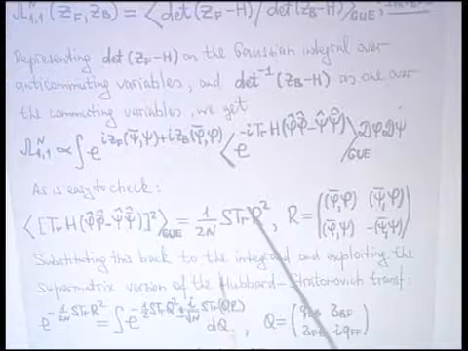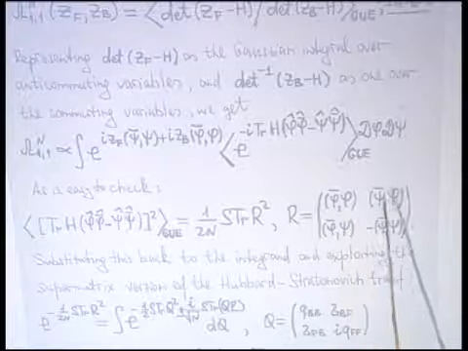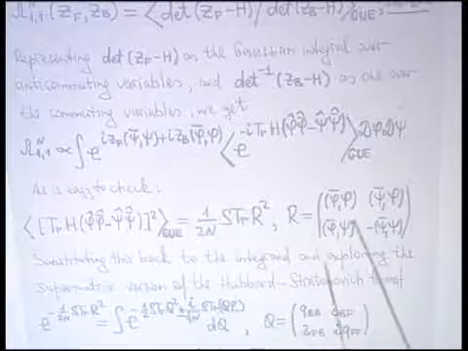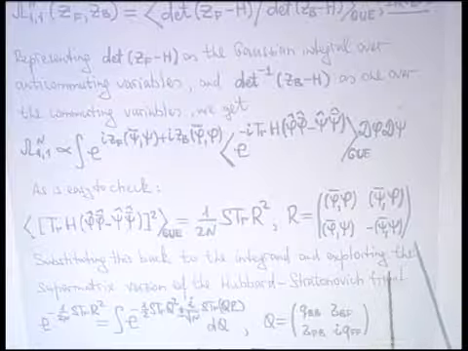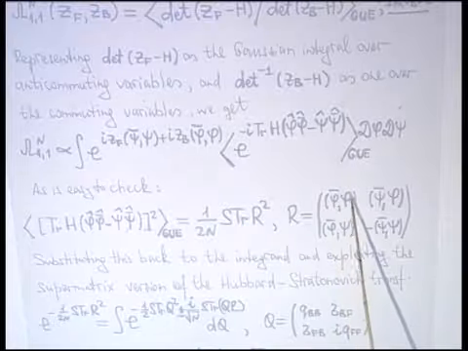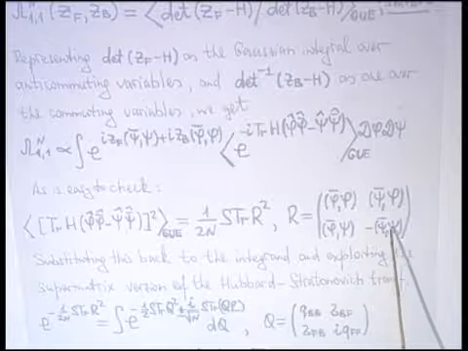It's easy to see, and just to check, that if one introduces the Euler matrix R, which is a 2 by 2 supermatrix consisting of 4 entries, then on the diagonal you have the scalar product of phi with itself, and minus the scalar product of psi with itself.